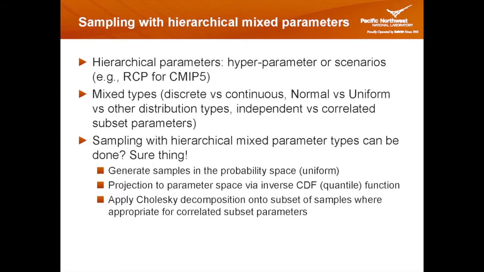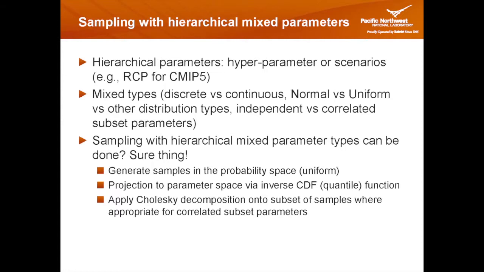But not this one. Hierarchical parameters. What's hierarchical? Hierarchical means the parameters don't have to be parallel to each other. You have albedo, you have, I don't know, average wind speed. These physical parameters, they are parallel to me. And you have some hyperparameters that can describe these parameters, or they are factors like your scenarios.